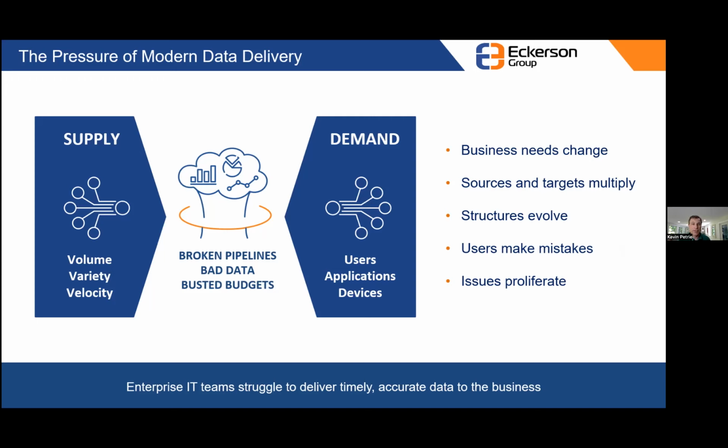Sources and targets continue to multiply. Data structures can evolve. Those drifting structures can start to break pipelines. Users, they make mistakes. These things happen and issues proliferate. So as a result, enterprise IT teams, data teams are struggling to deliver timely, accurate data to the business. I think we'd all agree that this is a significant problem.